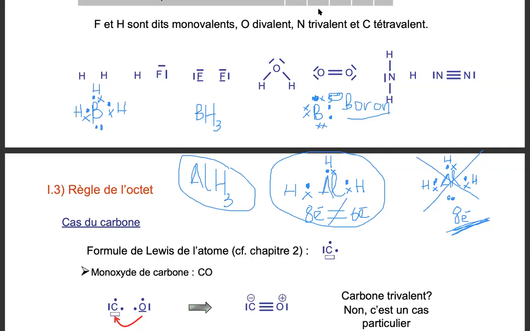And therefore, because it is unstable, boron hydride will resort to forming what you are seeing here. And if you were to count the number of electrons that are being shared, for boron and the hydrogen atoms, you're going to find that it's 1, 2, 3, 4, 5, 6.